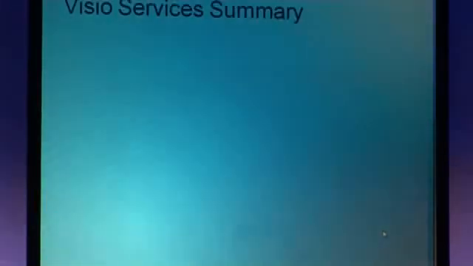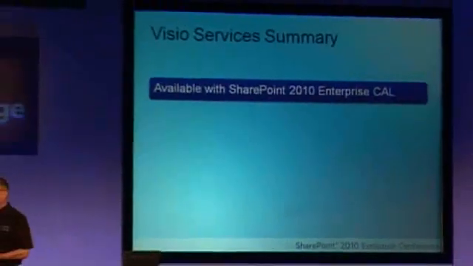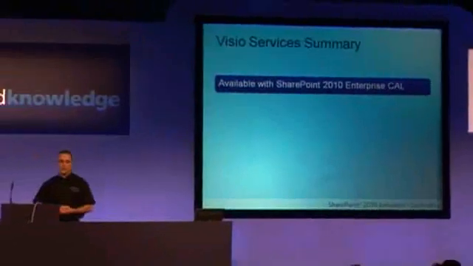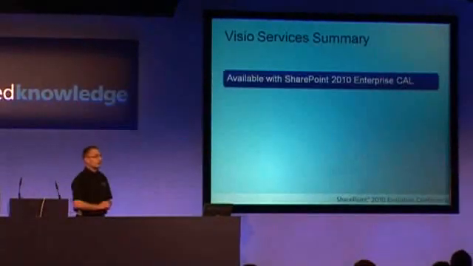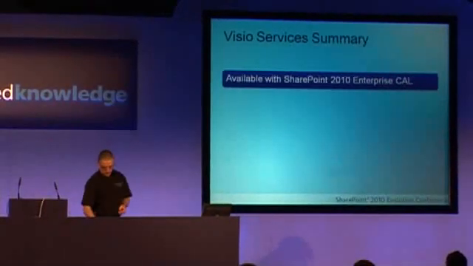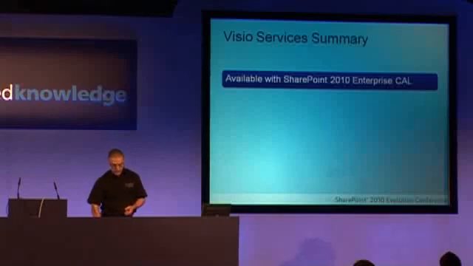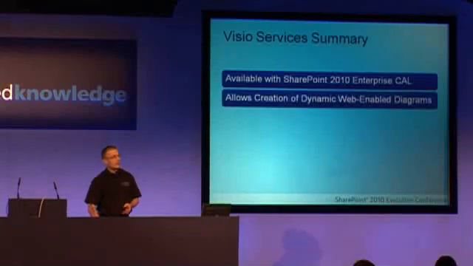So in summary, we've had a look at Visio Services, and just to reiterate, you need the Enterprise CAL at the moment to enjoy Visio Services. But if you have the Enterprise CAL, it allows you to build dynamic data-driven diagrams which you can deploy onto the web, in Silverlight or in PNG, in all glorious Technicolor, and you don't even have to write any XAML.